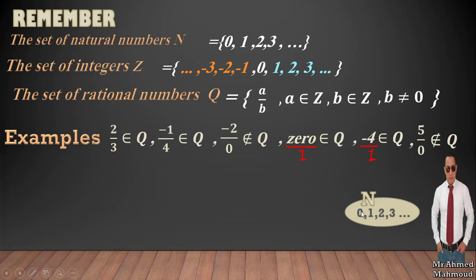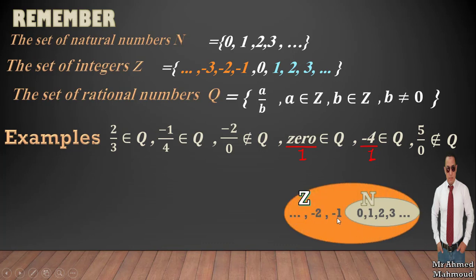If I add the negative numbers outside N, like this, -1, -2, -3, and so on, plus the natural numbers N, all of them are included inside a set called Z. So N is a part of Z, or a subset of Z.